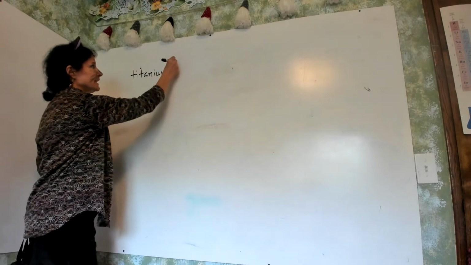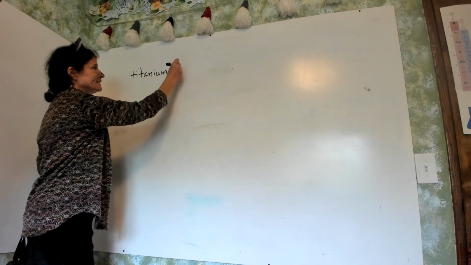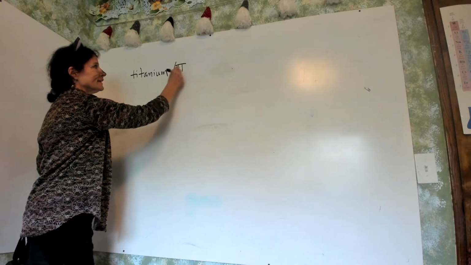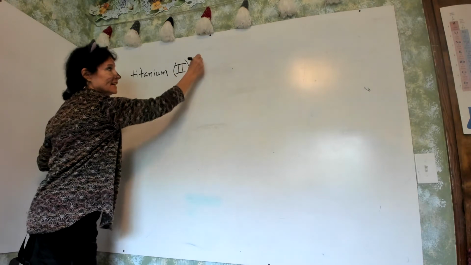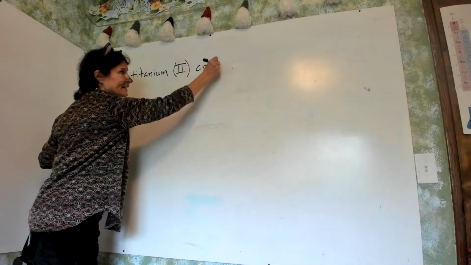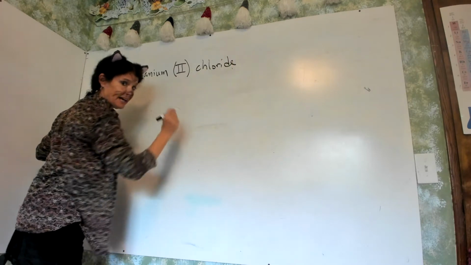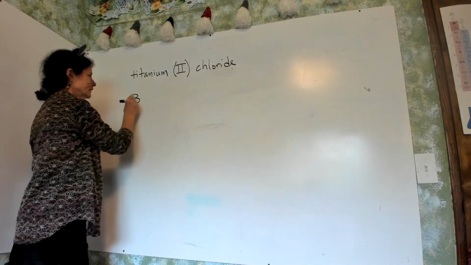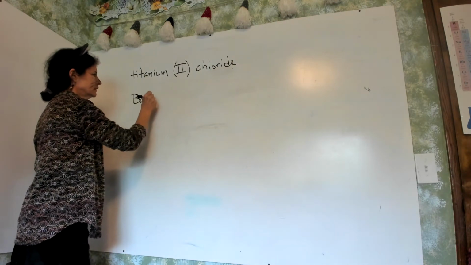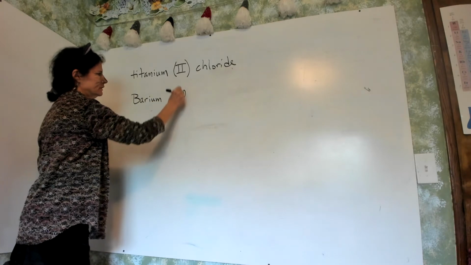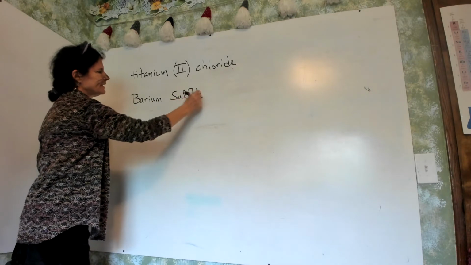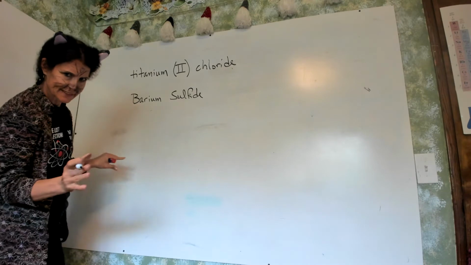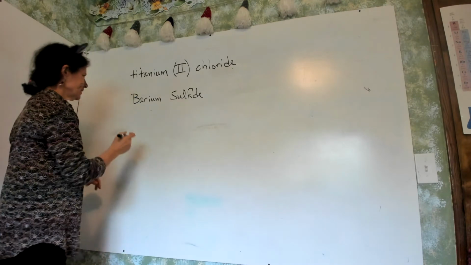Here, I'm giving you the names, and you're going to write the ions, first the ions, and then the compound. When you write the names, I don't know why I sometimes write capitals, and sometimes I don't.